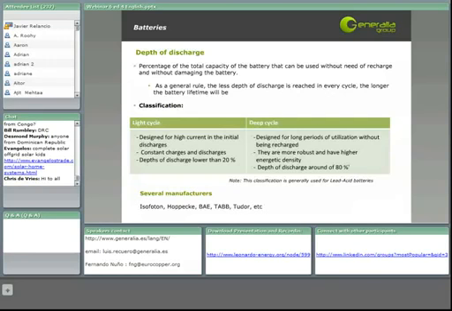The point is that light cycle batteries are prepared for constant charge and discharge, but deep cycle batteries are more robust and have higher energetic density. Anyway, you can get information from the manufacturers, which are at the bottom of this slide, for example Isophoton, Hopec, BAE, TAP, Tudor, etc.